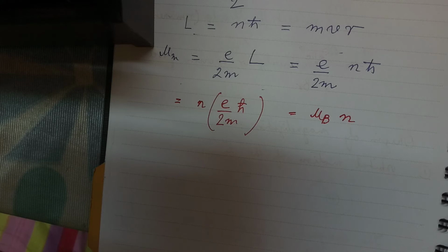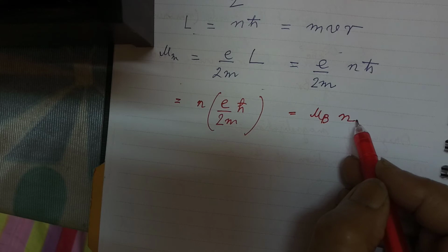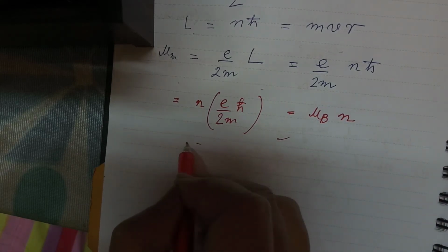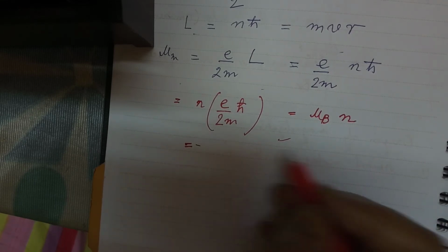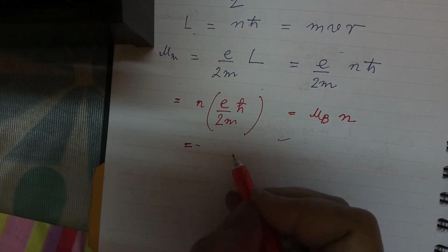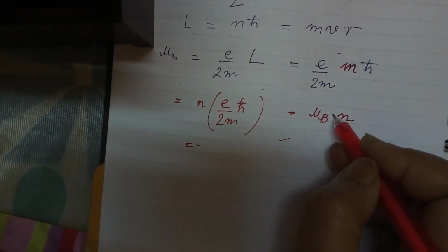So basically, therefore, what do we get for the magnetic moment of the atom? Basically we don't call this n, we call this m.